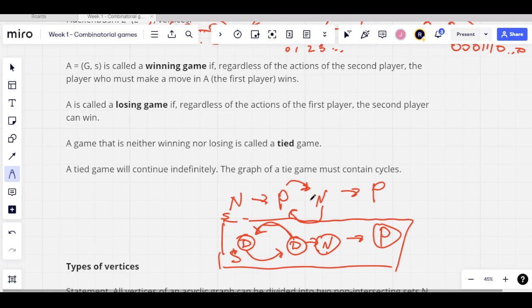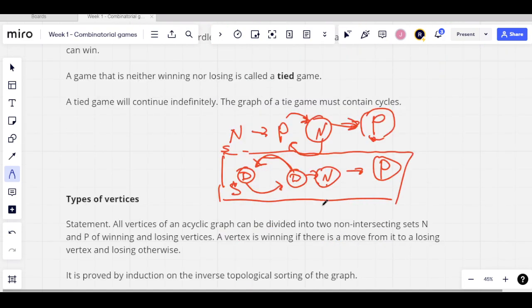We can apply topological sort on a graph with cycles, and if we traverse our graph in reverse topological order, notice that in this vertex we have a move to this vertex.